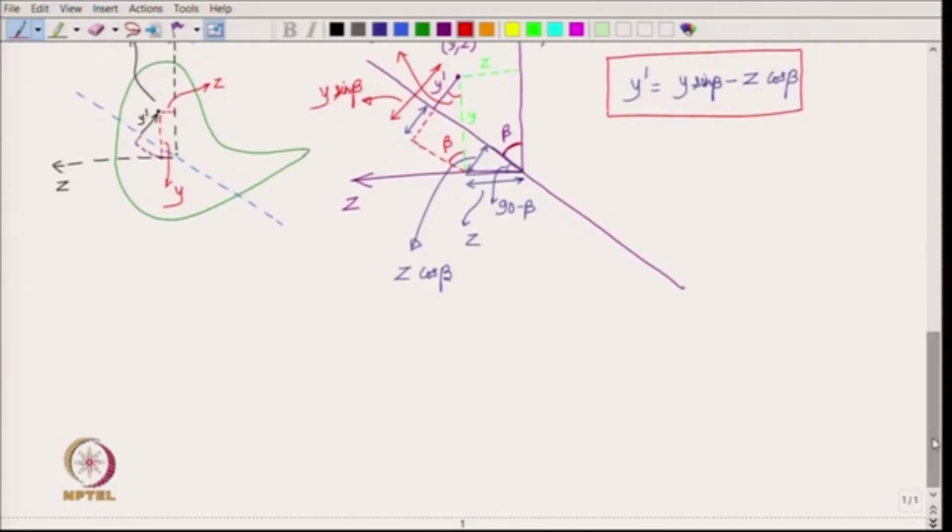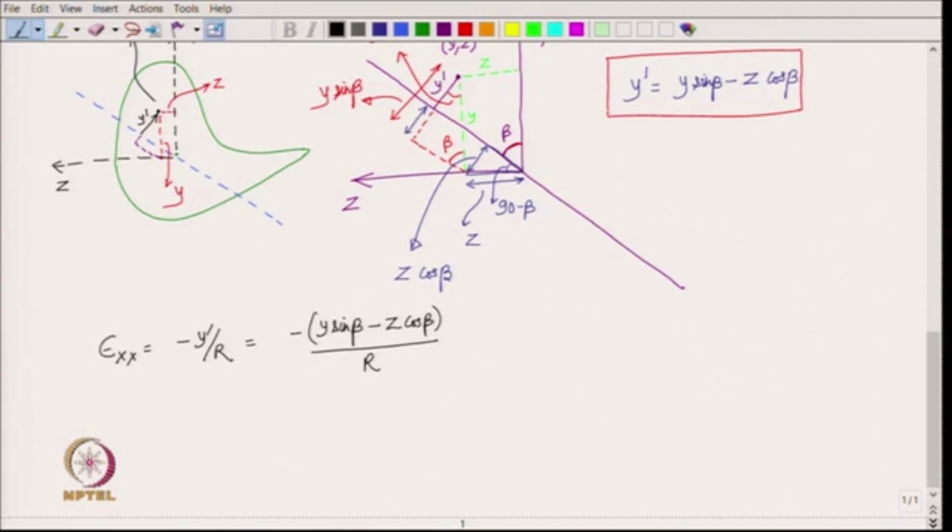Now, with y prime known in terms of y and z and the inclination beta of the neutral axis, we can come back to our epsilon x x. As we know, it is minus y prime over r, and so this becomes minus y times sine beta minus z cosine beta, divided by r, and then sigma x x is simply E times epsilon x x.